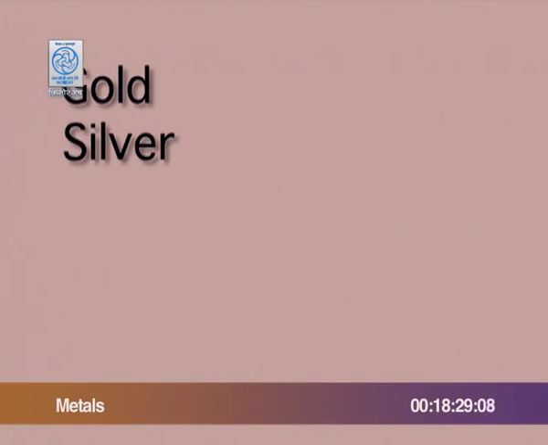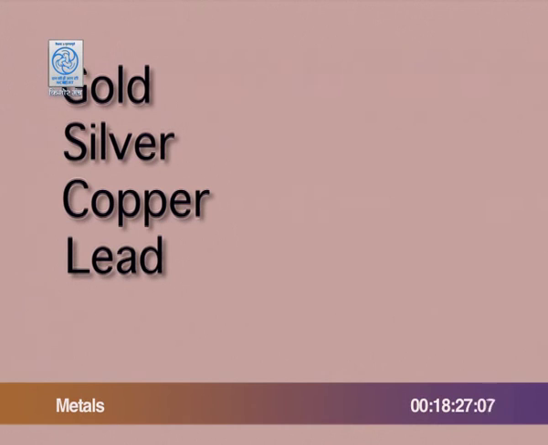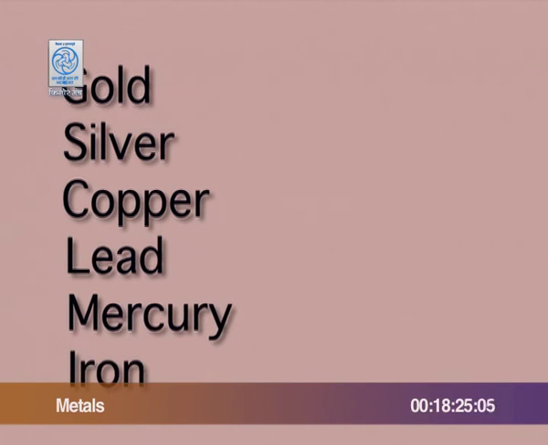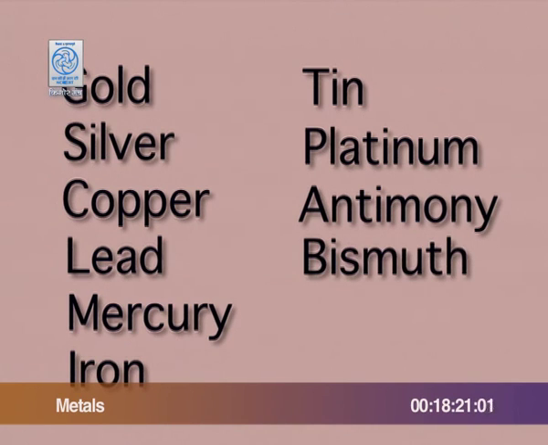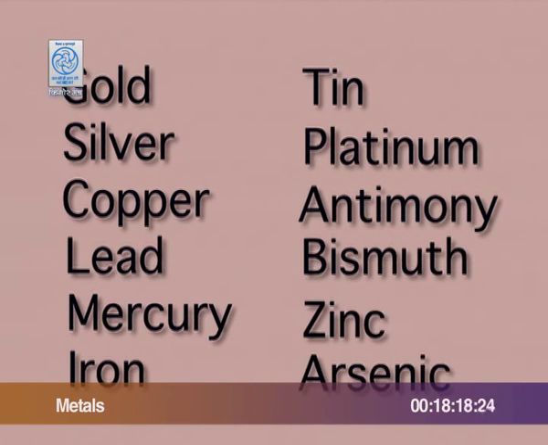Then gradually other metals were discovered. However, till 300 years back, only 12 metals were discovered. Then in the 18th century, 12 more were discovered. Rest of the metals were discovered during the last 200 years only.